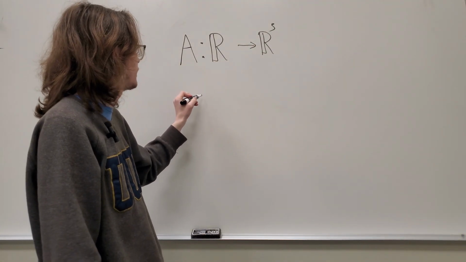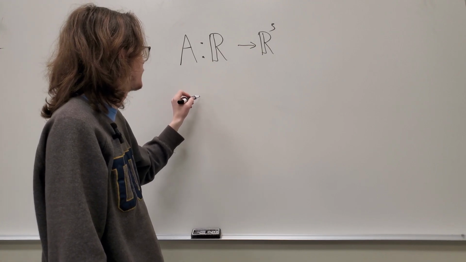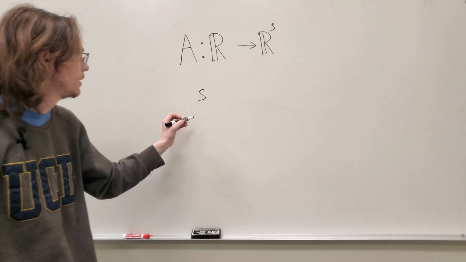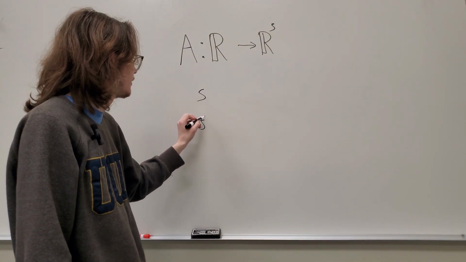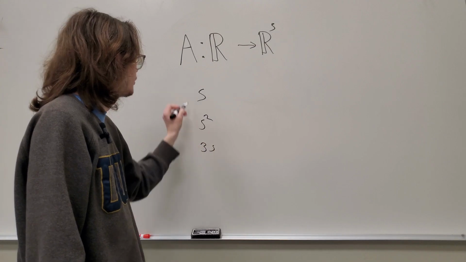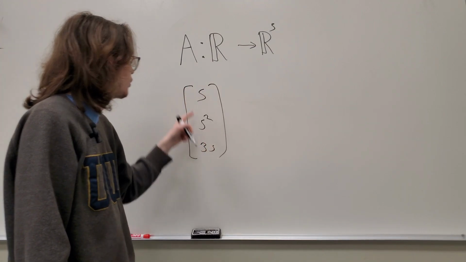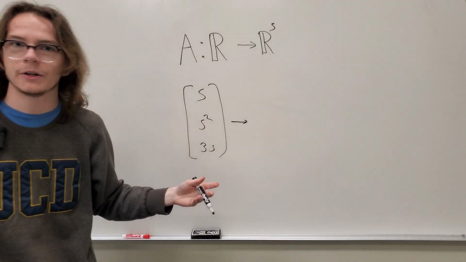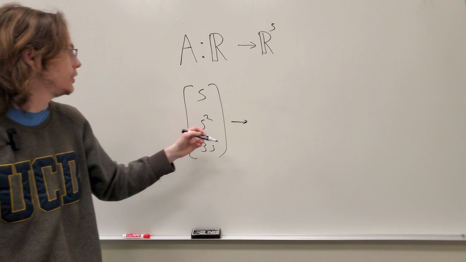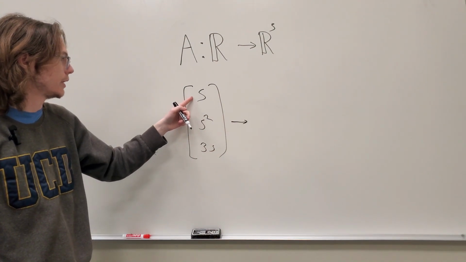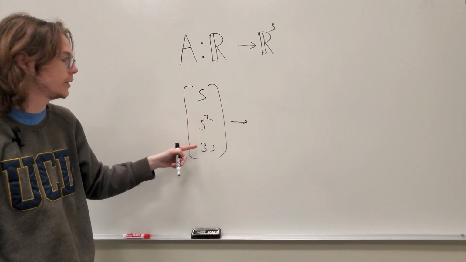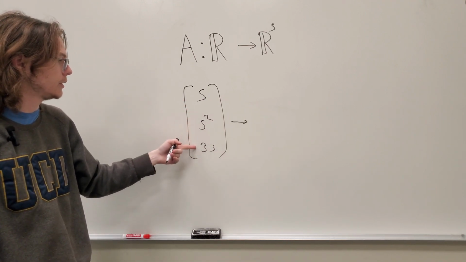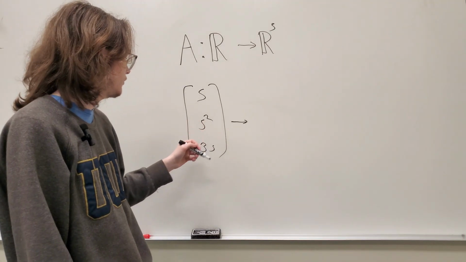The first way that I would think about it is you've got a one-dimensional input, S, and then you've got S squared and 3S. S is our input, and when you plug in one single value for S, you will get a three-dimensional output. Let's say S is 1, you'll get 1, 1, 3. So that is a three-dimensional output using only a one-dimensional input.